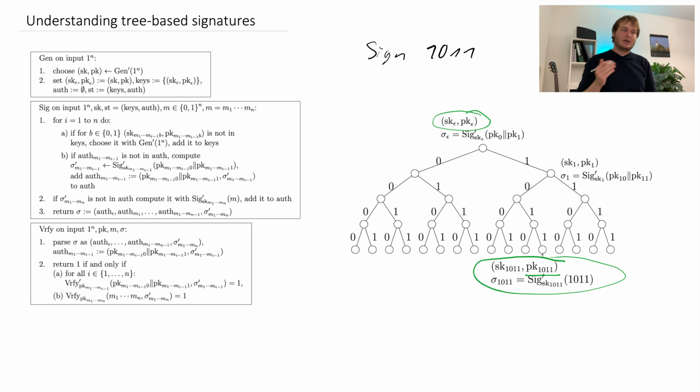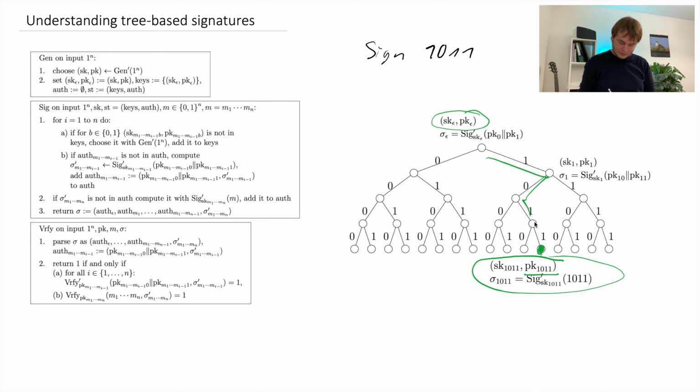Okay, so whenever I mark a node green, this means that we will have to generate and store the public key secret key pair for it. So this is this leaf node here, which is exactly the 1011 node. So 1011, that's definitely something we generate because this is what we sign the message from.